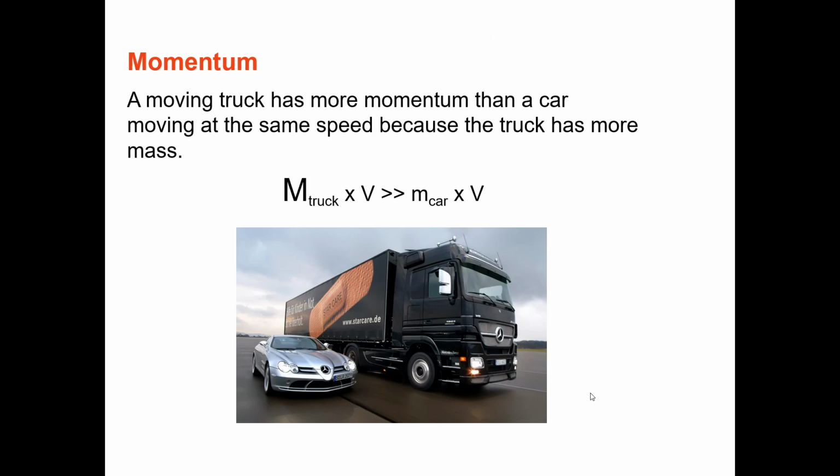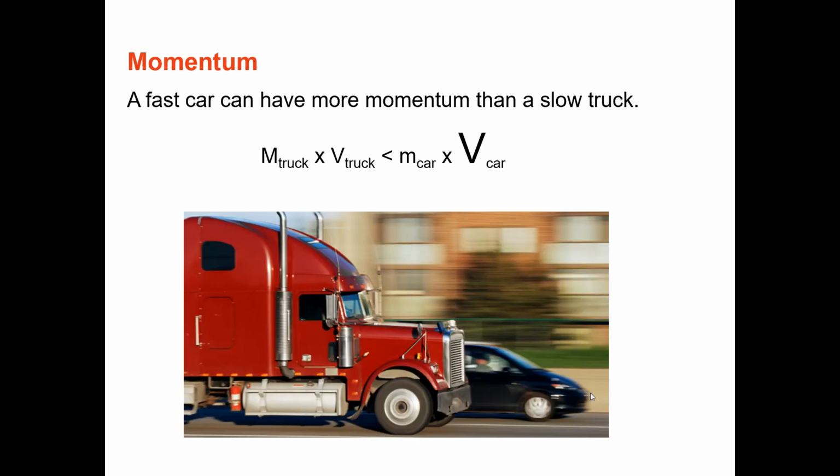So let's say you had a truck and a car going down the road. If they're going at the same speed or velocity, v, then the truck would have more momentum because it would have a larger mass. On the other hand, if the car were going faster than the truck, it's actually possible that the car could have more momentum than the truck.